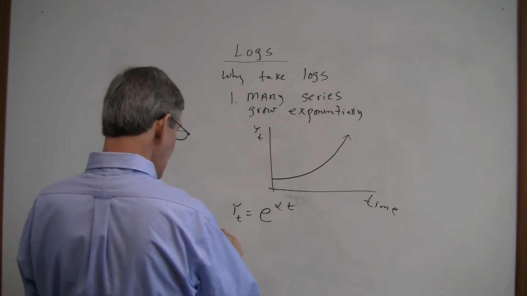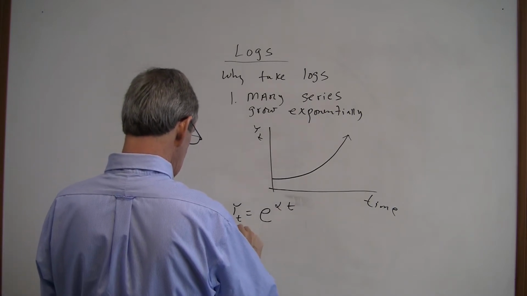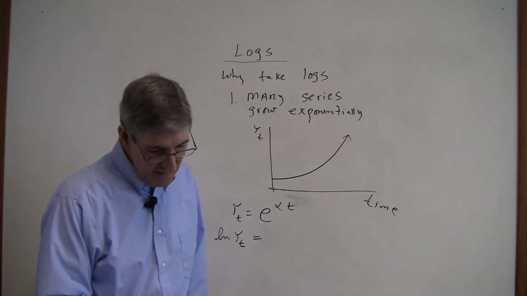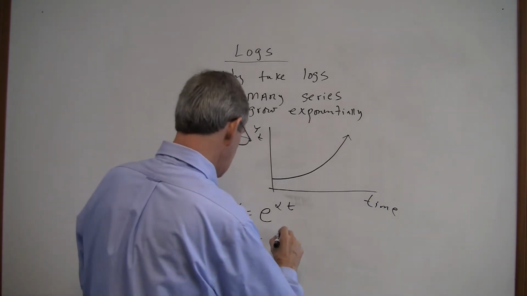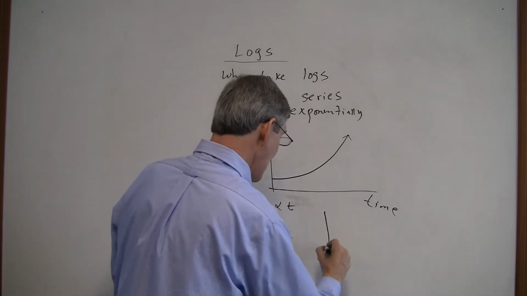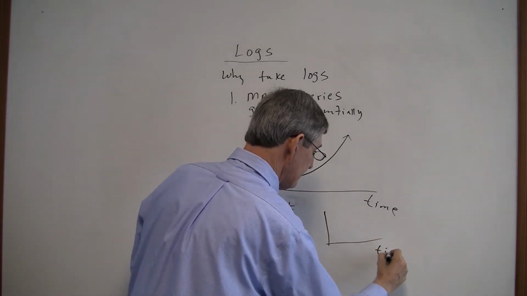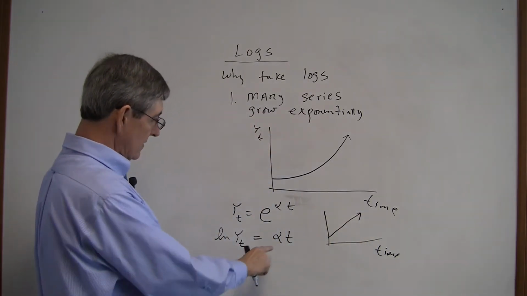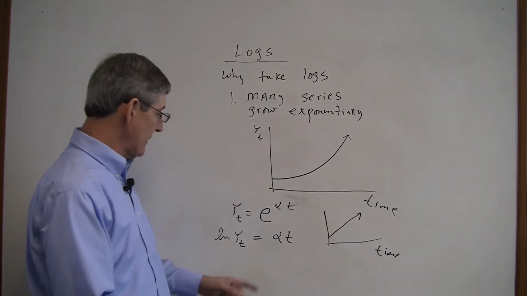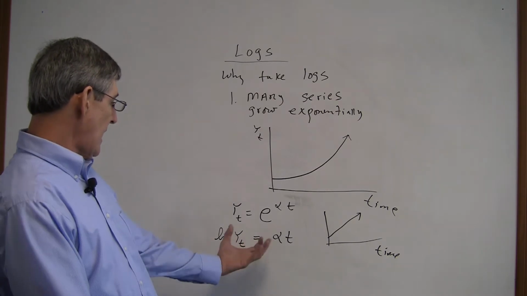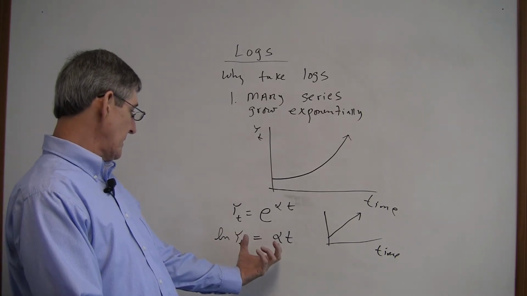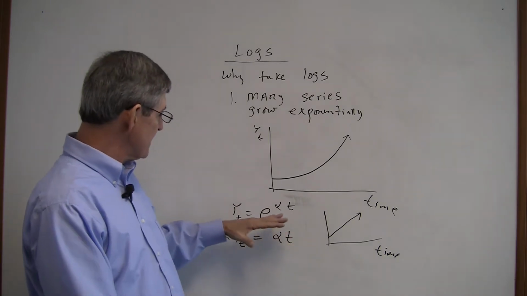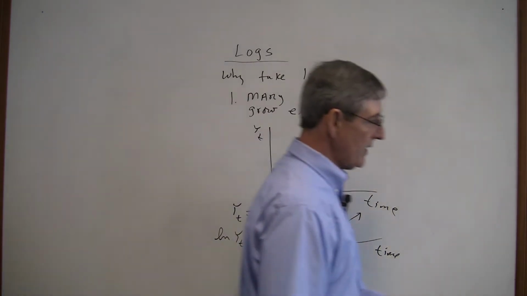If you take the log of Y_t, what will you get? Well, you'll just get alpha t. And what that looks like over time is a linear series. So it just grows at the rate alpha. And so this will linearize these series that grow at an exponential rate.